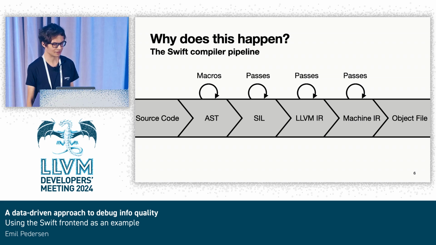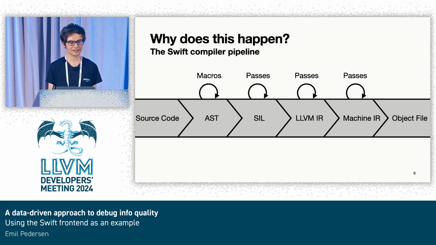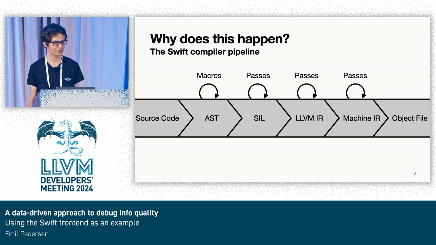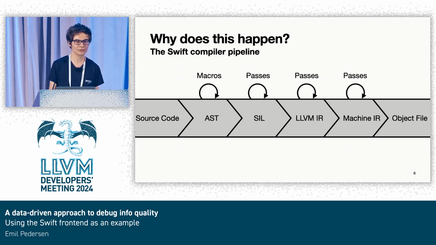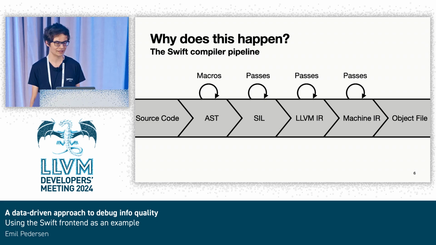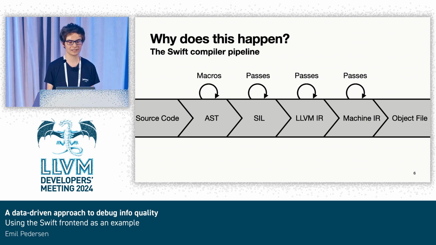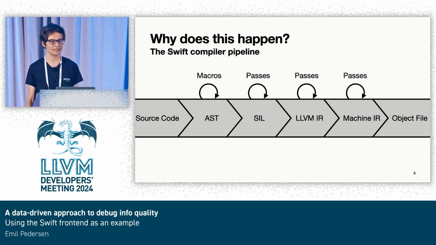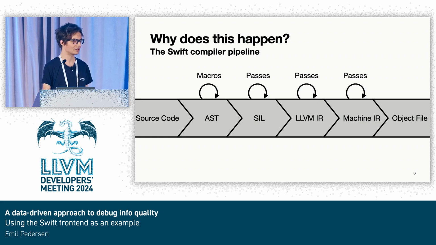So why does it happen? First, let's take a look at the Swift compiler pipeline. Swift code goes through the AST, where macros will modify it and can change debug info. Then it will go through the Swift intermediate language, or SIL, where optimization passes modify it, and then through LLVM IR with its passes, and through machine IR with its passes, before getting to the object file.